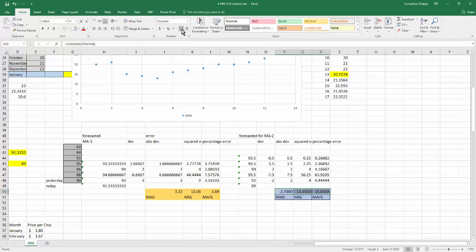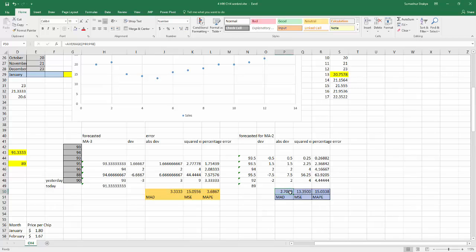Or maybe we shouldn't lose the decimals so much, so let's keep them here because the numbers are already too small. So comparing mean absolute deviation, if we were to forecast using 3-day moving average, we were on an average off by 3.3, either high or low. So either we overestimated or underestimated on an average by 3.3.